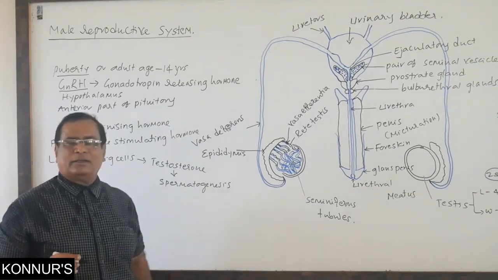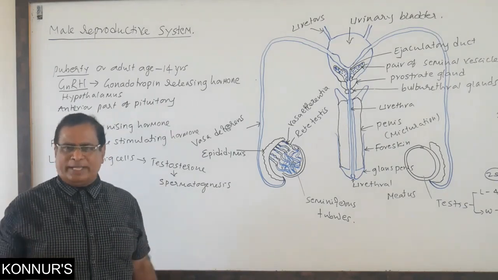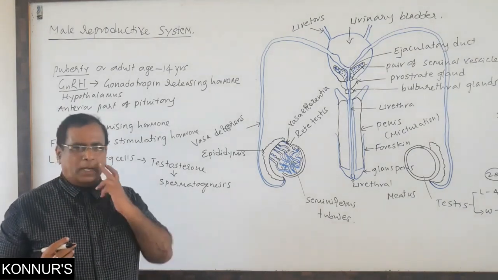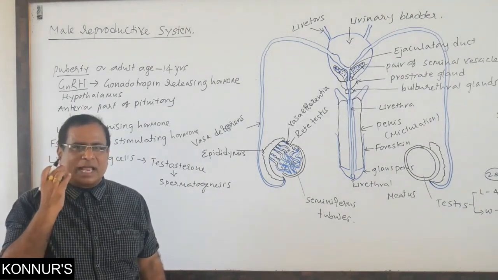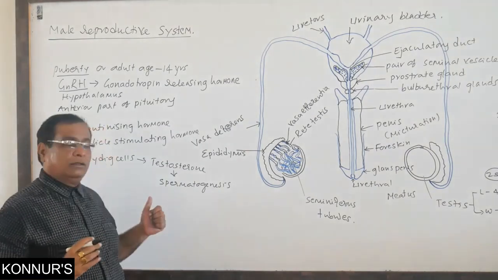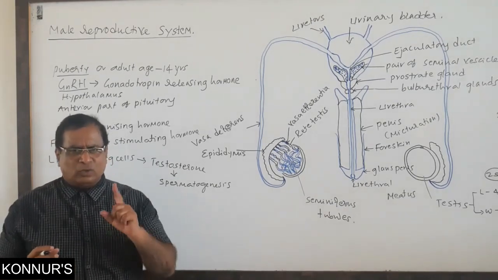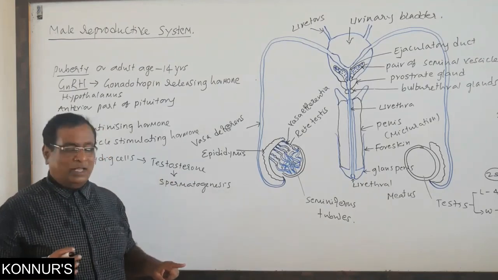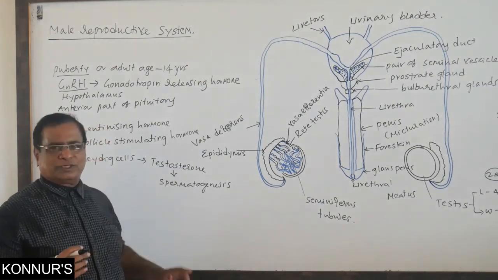Those secondary sexual characters are a strengthful body, a coarse voice, and the appearance of mustache and beard on the face. Those secondary sexual characters are induced by testosterone. Even spermatogenesis is induced by testosterone.